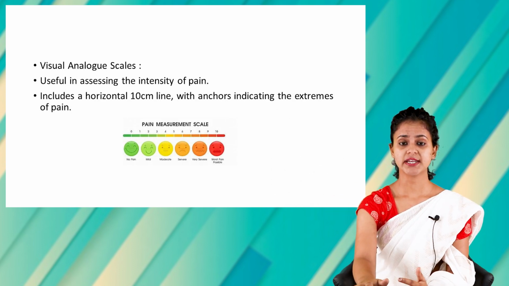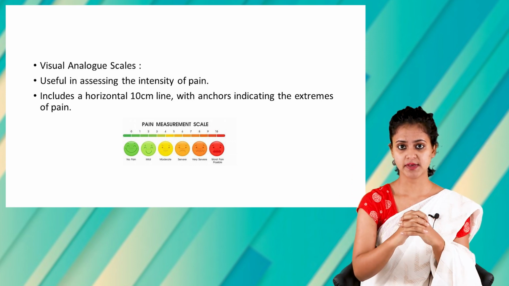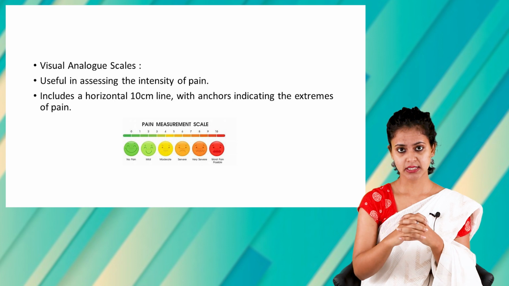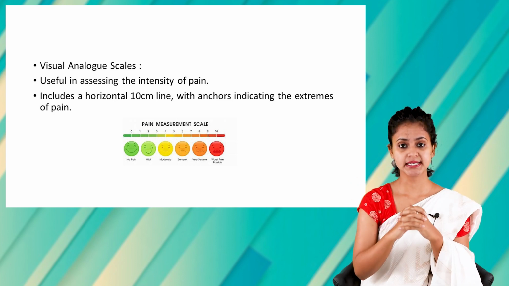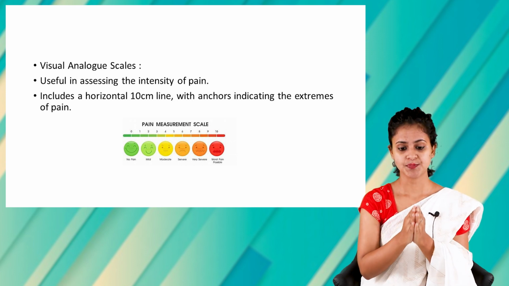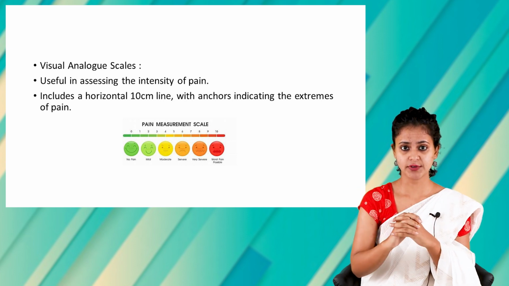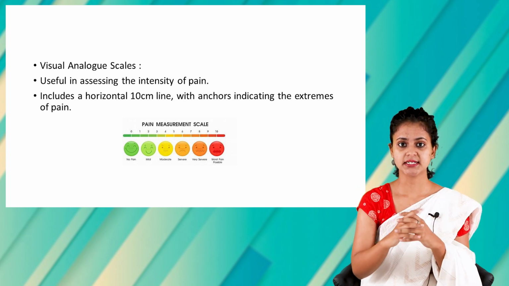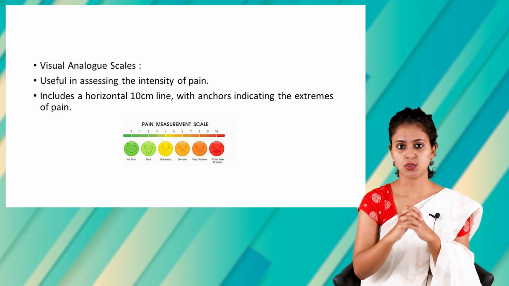Now, visual analog scales often will be used to identify the severity of the pain. Here, the client will be asked to place a mark indicating where the current pain lies. Now, as you are seeing the pain scale over here, we are going to assess the client's pain severity with the visual analog scale.